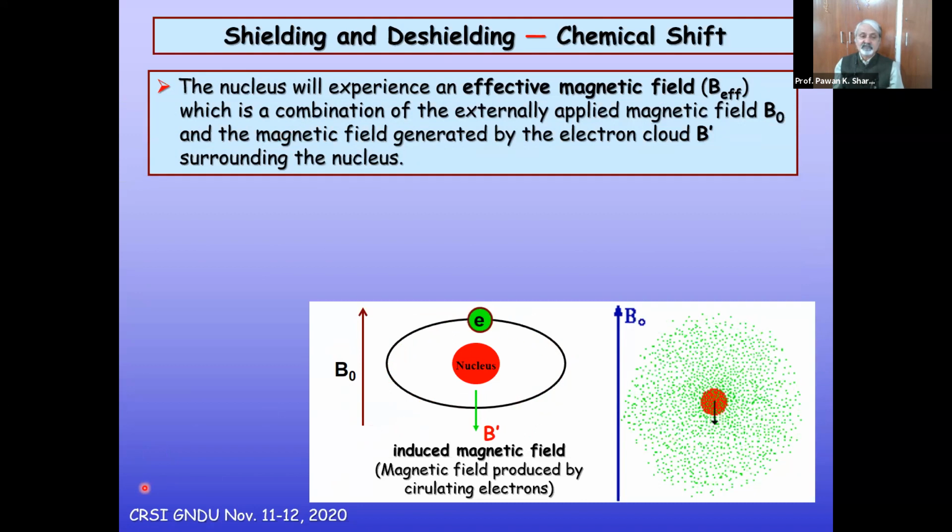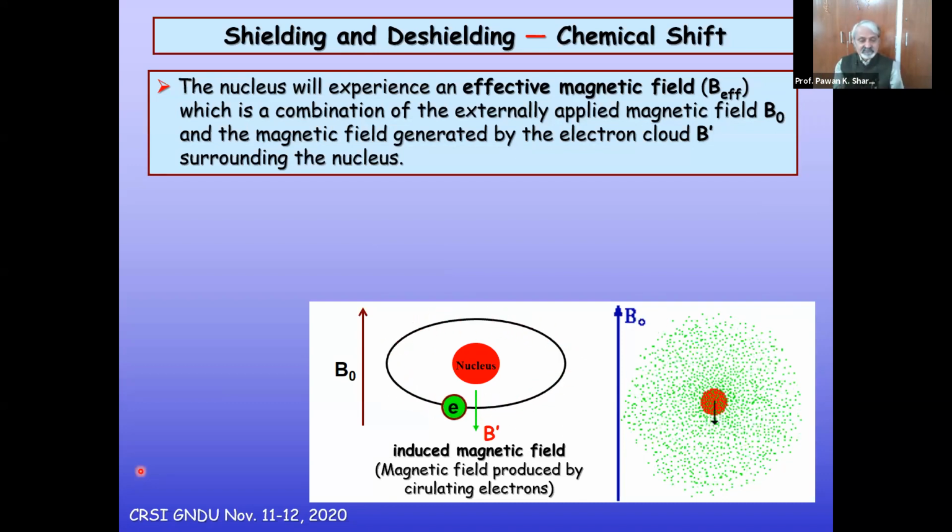Although you know that it would be B0 minus B prime, you would see why I'm deliberately using it, because it is B0 plus minus B prime. So it is still a combination. So the effective magnetic field felt by the nucleus would not be B0, although I applied the magnetic field as B0. It would be a combination of the externally applied magnetic field and the induced magnetic field generated by the circulating electrons, by the electron cloud, right?